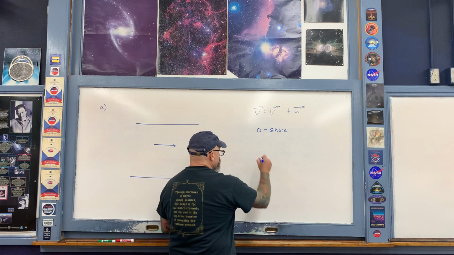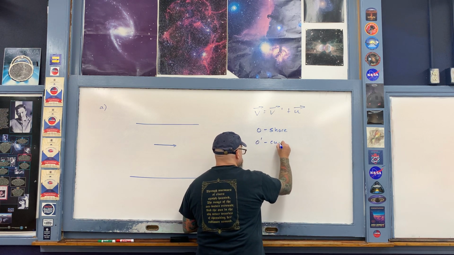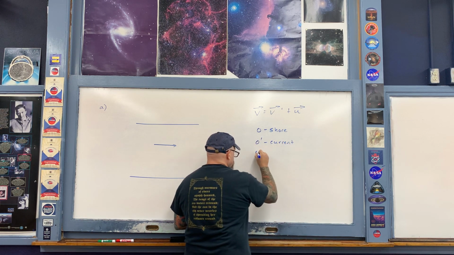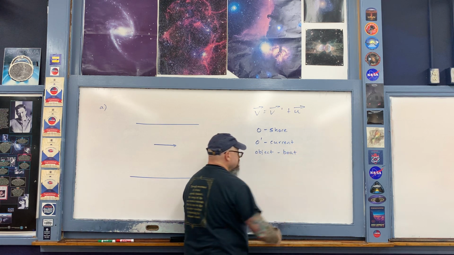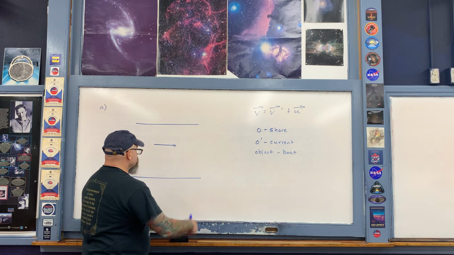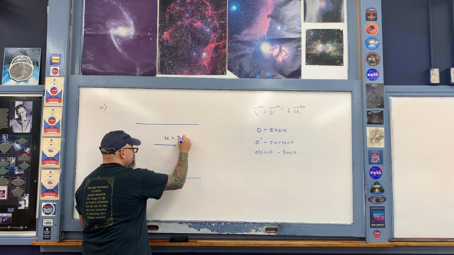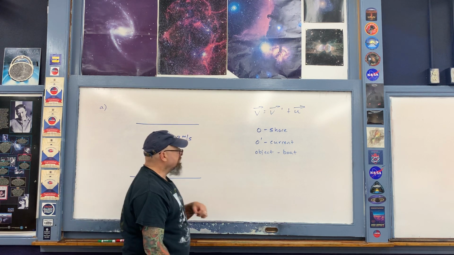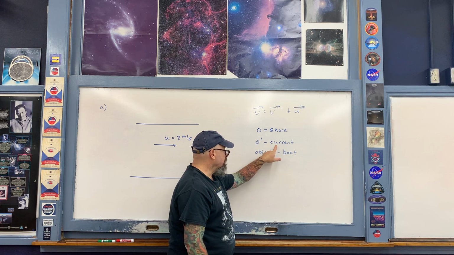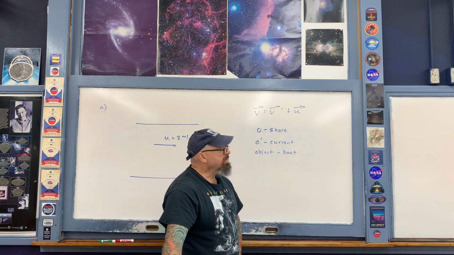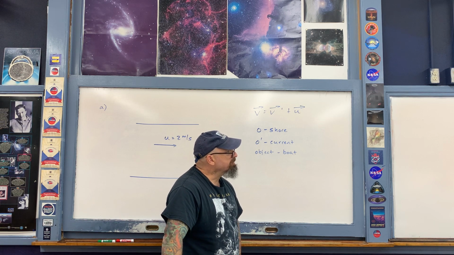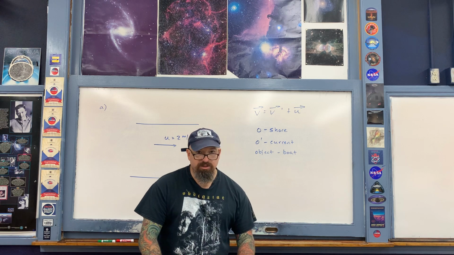So then therefore, O prime is the current, and the object is the boat. This then means that this velocity vector here is u equal to 2 meters per second. This is describing the velocity of the current, O prime, with respect to the shore, O. Okay, and then in the second sentence of the problem, it says that the boat is capable of moving with respect to the water at a speed of 3 meters per second.